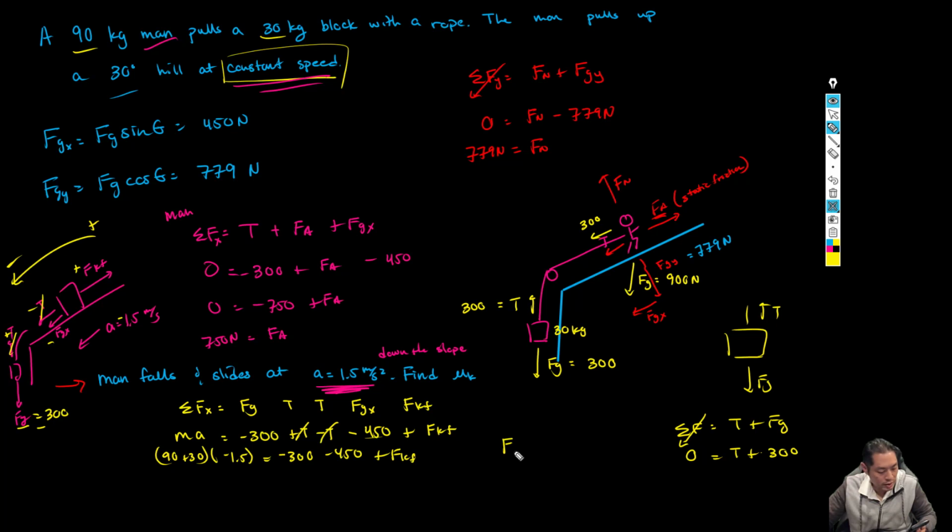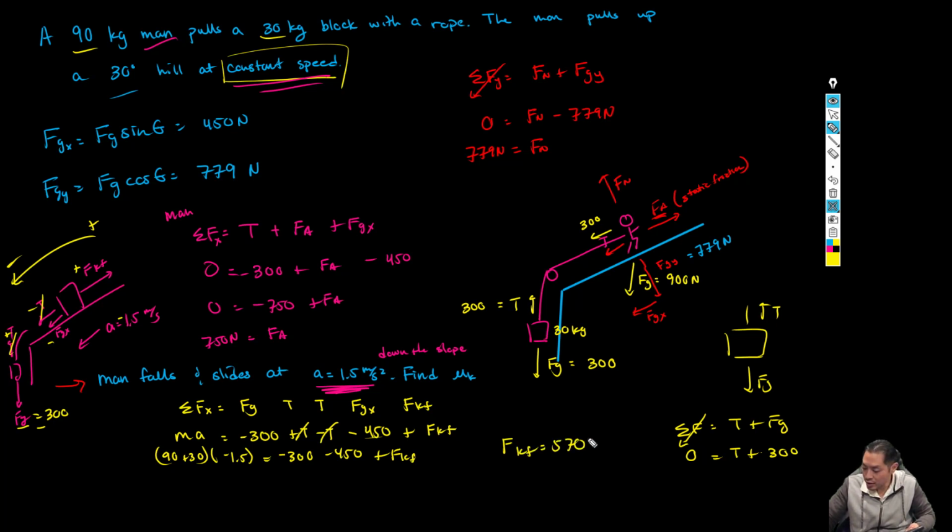That should be wrong. Let me see. I did it wrong. 120 times 1.5 minus 750. So the force of kinetic friction is equal to 570.